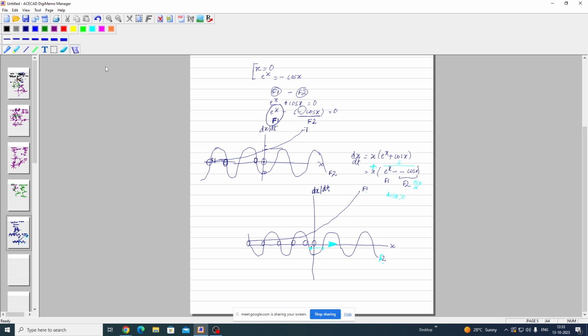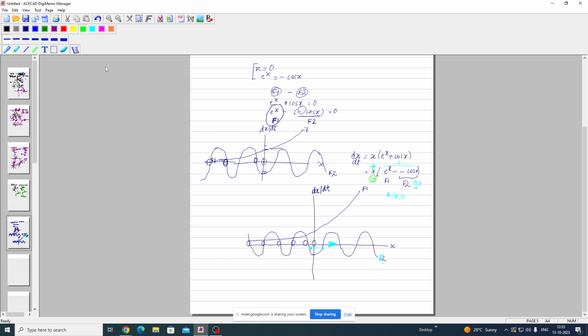This is where I said this becomes a little tricky. x becomes negative. This is very important to understand. When x becomes negative, it is a very important thing to account for when we are looking at the sign of dx/dt, because to the left of x equal to 0, x is negative.